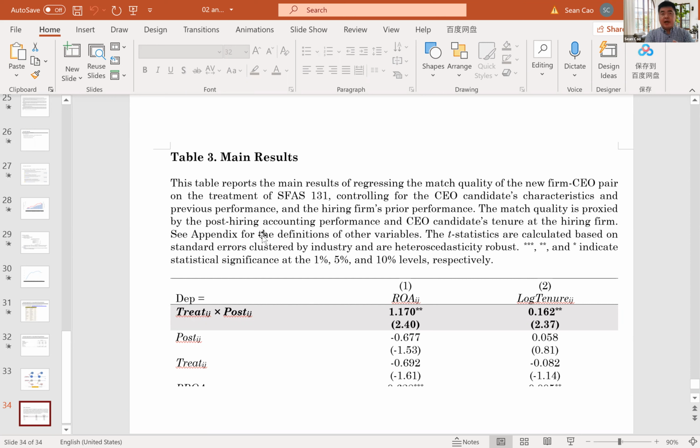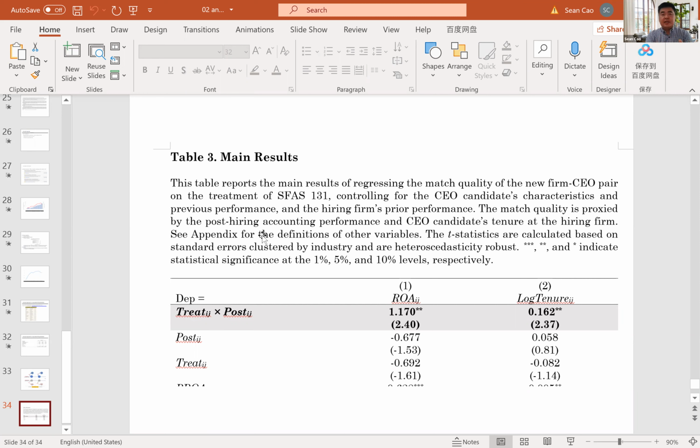That means the annual report is helpful not just for investors, but also for hiring firms to identify ideal CEOs and make better decisions. Hiring a CEO is very important. That's the second example.